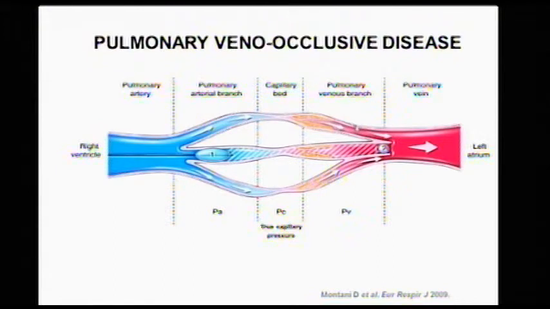This is quite difficult to diagnose by means of right-heart cath, because when you measure the pulmonary pressure, you do not find elevated pulmonary wedge pressure, because the occlusion is very, very distal in the pulmonary venules, and you in fact measure the right arterial pressure when you inflate the balloon in the small pulmonary artery branches. So what is really elevated is a true capillary pressure, but the wedge pressure is normal.